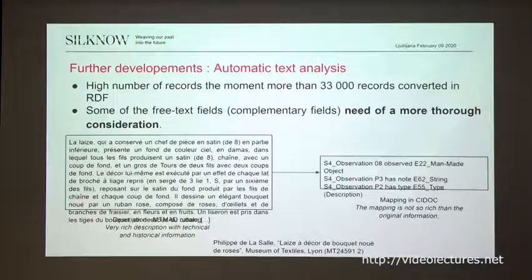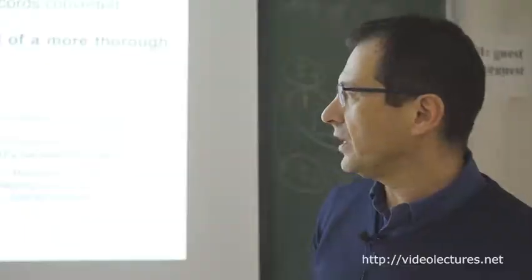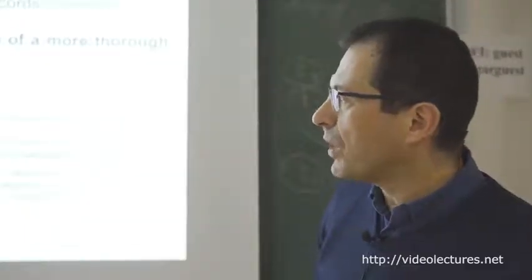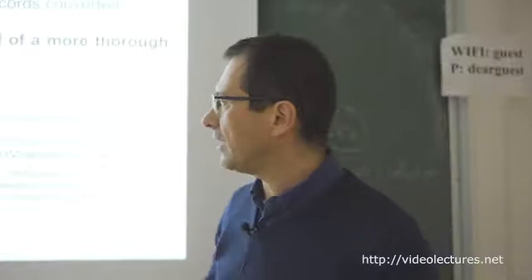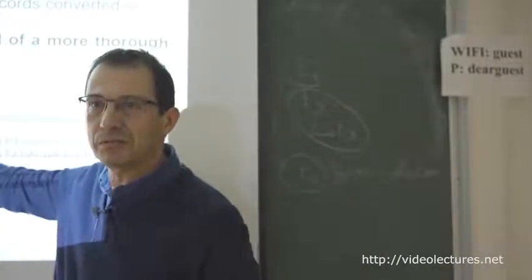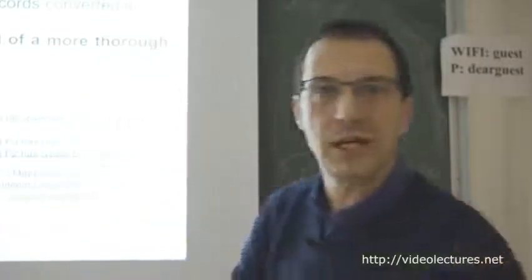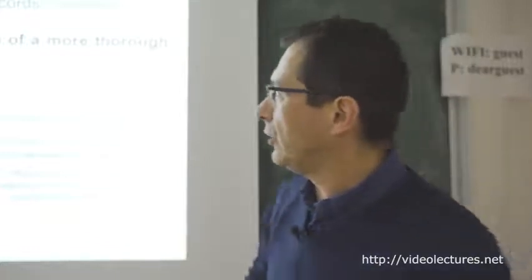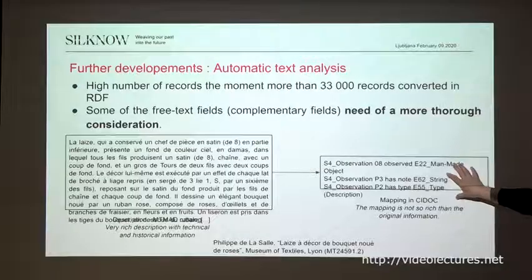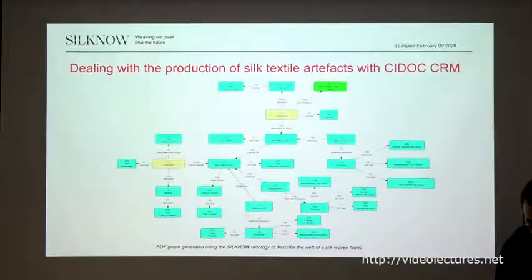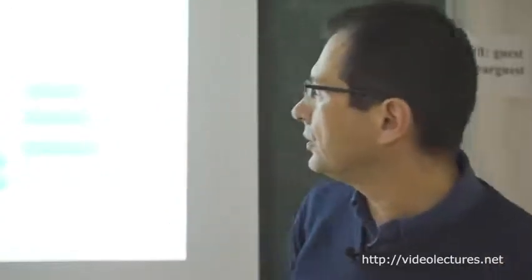And as you can see, and to link with the presentation before, one of the problems is that some fields are mere plain text descriptions, and how the automatic text analysis will extract this information from these observations.